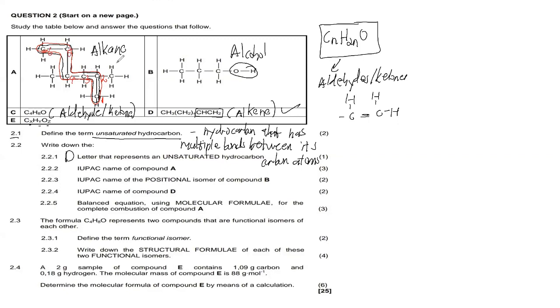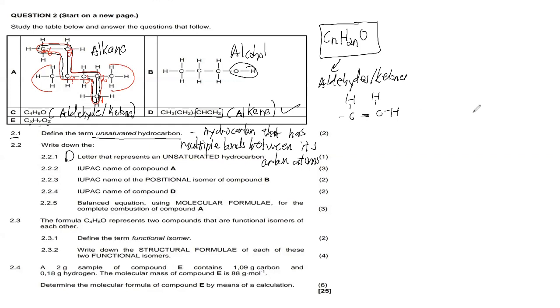So we have a methyl branch on carbon number 2, and another methyl branch on carbon number 4. Note that the branch is always the carbon that is not part of the longest chain. As you can see, these carbons here are not part of the longest chain. Therefore, there are methyl branches, right?